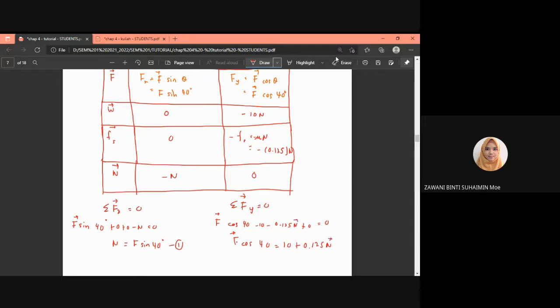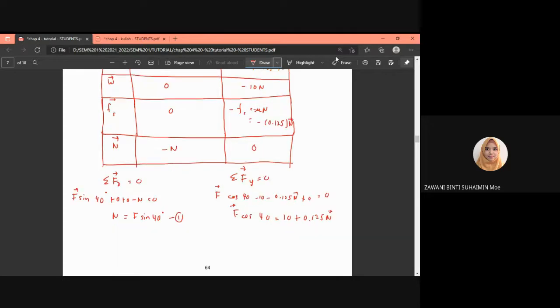Ini normal force. Okay, daripada equation pertama kita tahu bahawa normal force is equal to F sin 40, so bolehlah kita masukkan dalam equation ini. Kita buat substitution. So F cos 40 is equal to 10 plus 0.125 F sin 40.